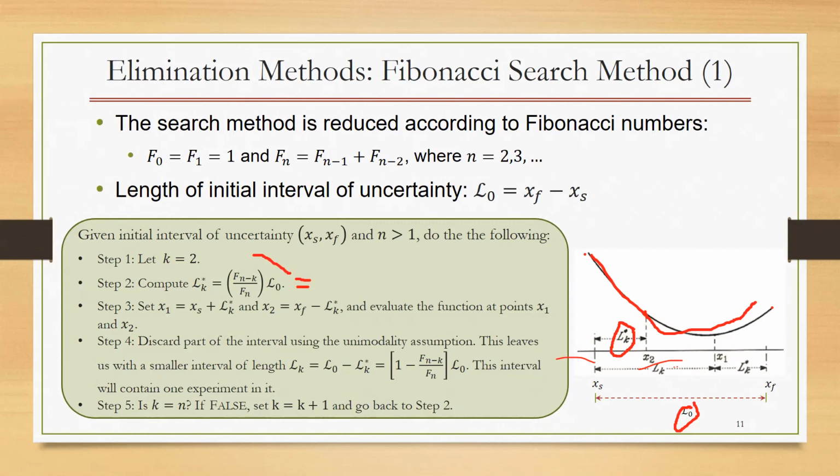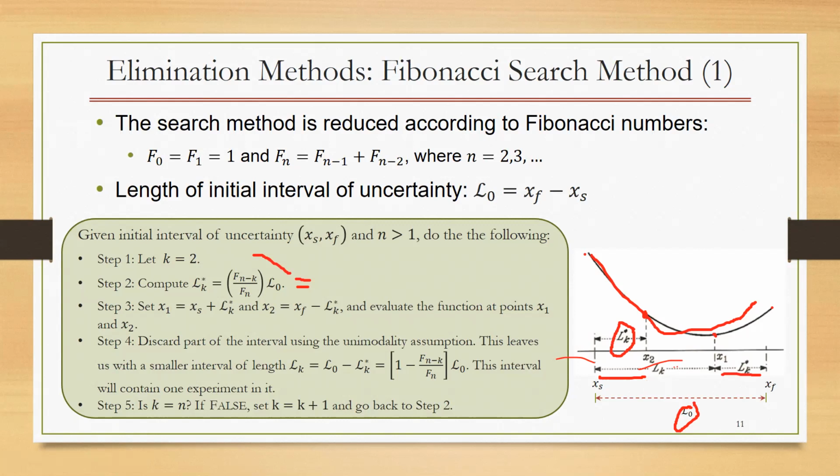And then we select 2 points, which are located at this distance, L star, and we discard either this part or this part, so that the remaining part will satisfy the unimodality assumption.